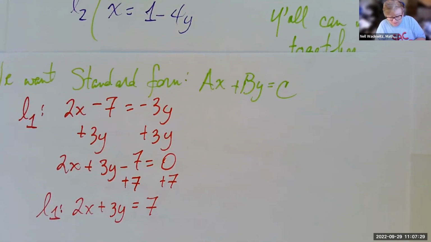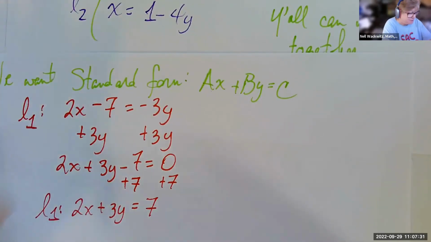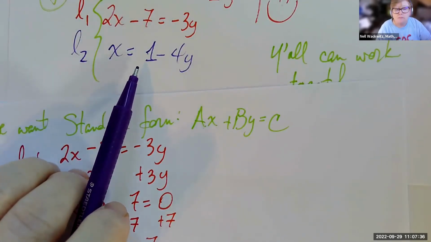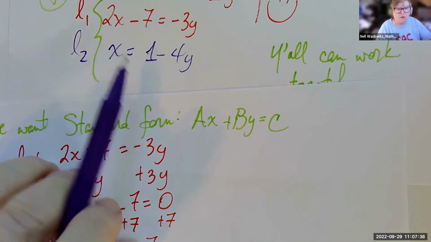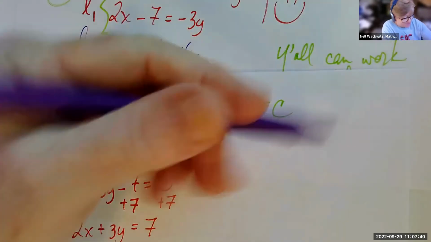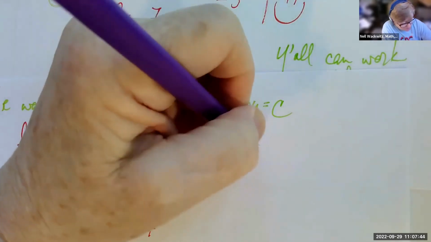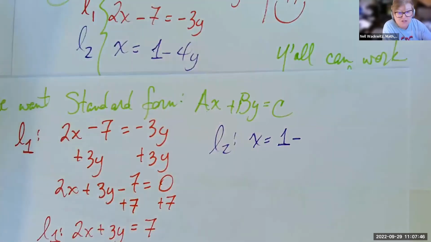All right, let's look at line 2. Is it already in standard form? No. It is currently x equals 1 minus 4y.